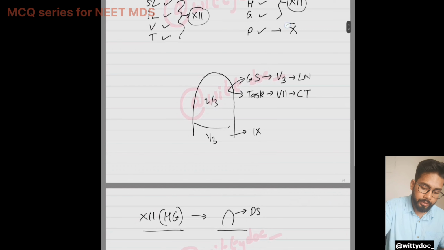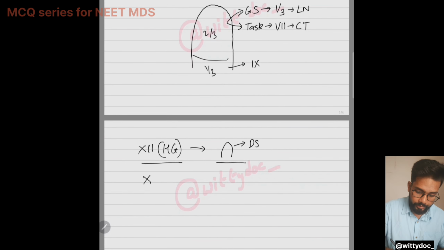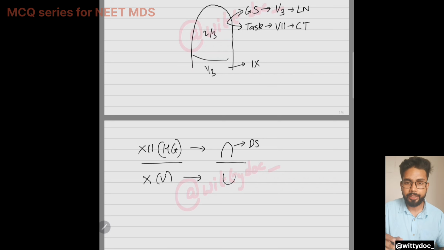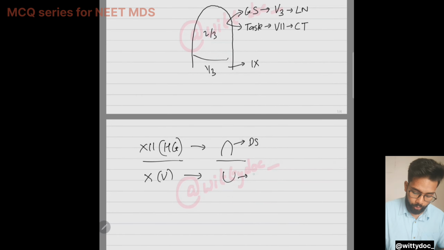Next nerve is the vagus nerve. If there is a vagus nerve lesion, it will lead to deviation of the uvula on palatal elevation. The uvula will deviate towards the opposite side, the healthy side.